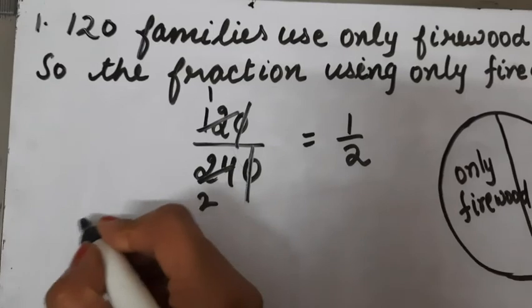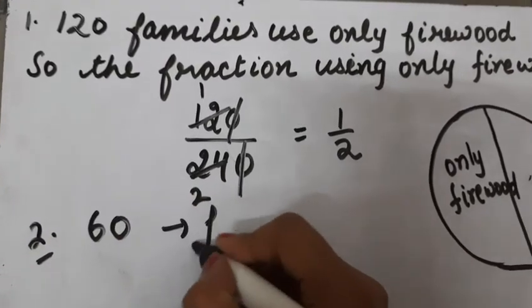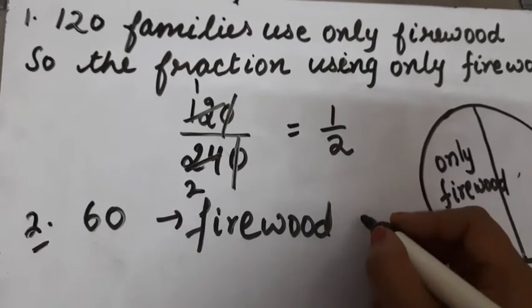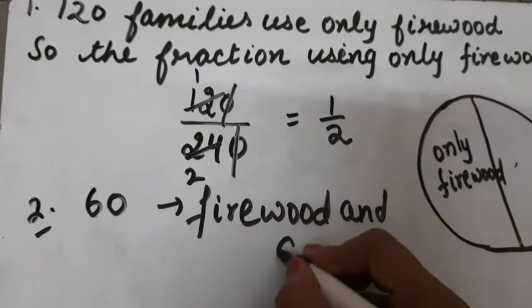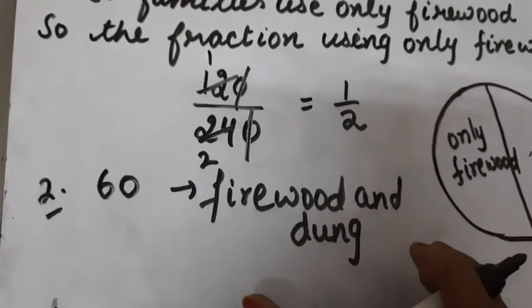And 60 families use firewood and dung for cooking and heating. So what will be the fraction?